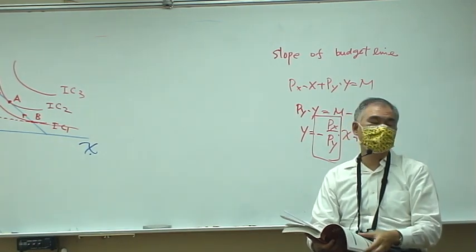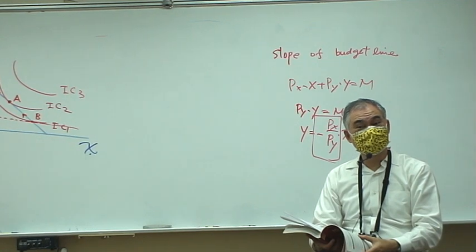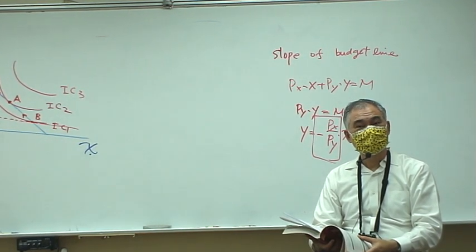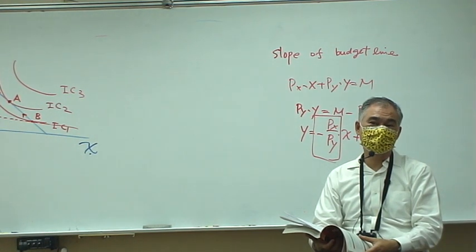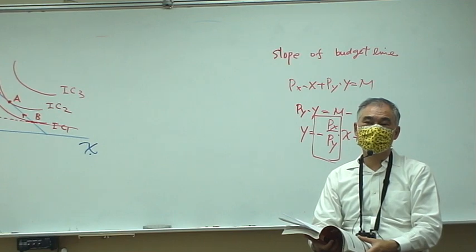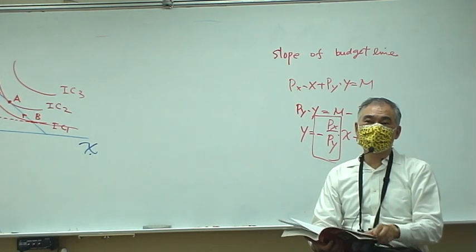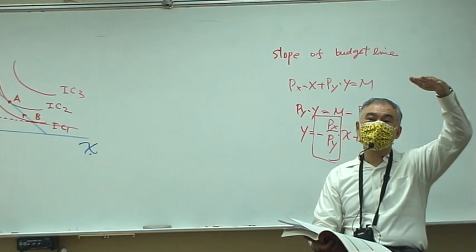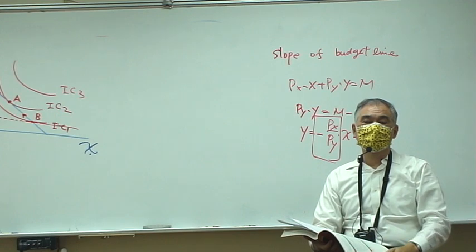Rent control means you control rent, so rent cannot increase. If there's rent control, it means a price ceiling, so it has to be lower. We mentioned this.